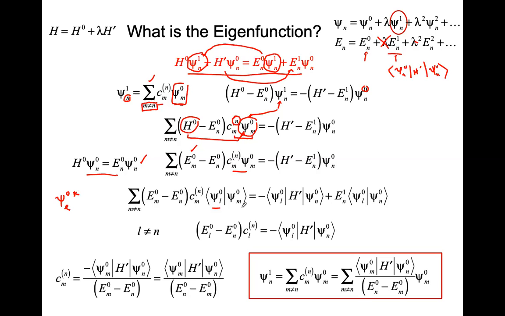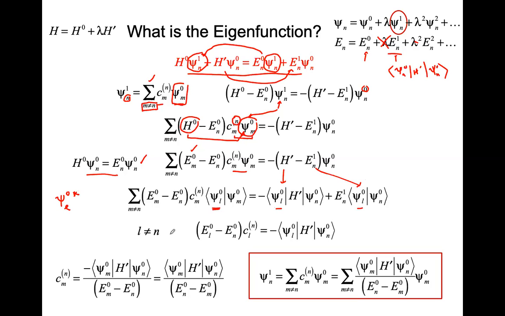That's why I wrote it in those brackets, and I do that for each term here. That guy went to that one, and this guy went to that one. I pre-multiplied by the same thing each time. That would let me simplify my equation.